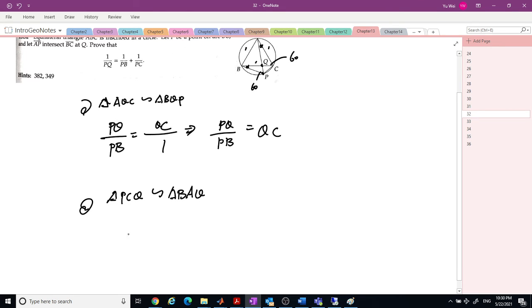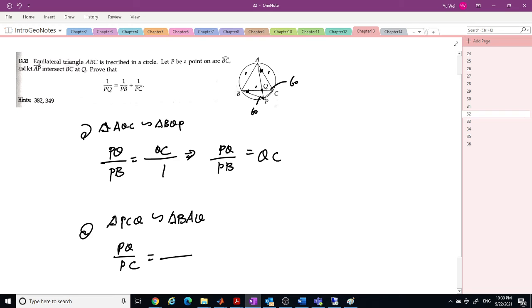In this case, PQ over PC is equal to BQ over AB, and AB is 1.